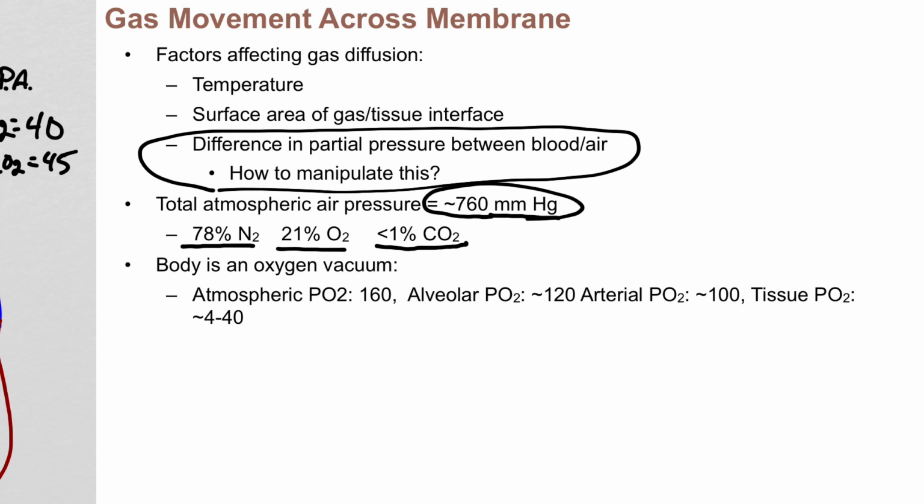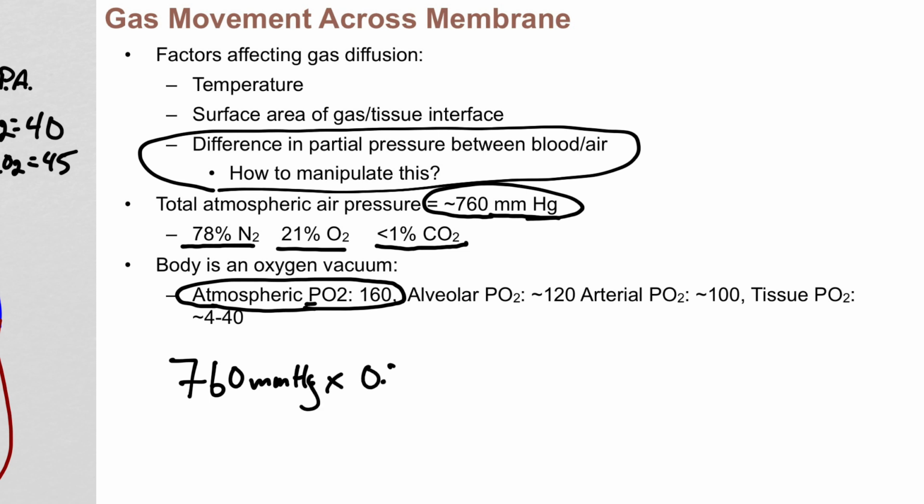So when we say the atmospheric PO2, the P stands for partial pressure of oxygen, is about 160. All that means is if you take the total pressure of 760 millimeters of mercury and you multiply it by 0.21, you get approximately 160 millimeters of mercury. That is your partial pressure of oxygen.